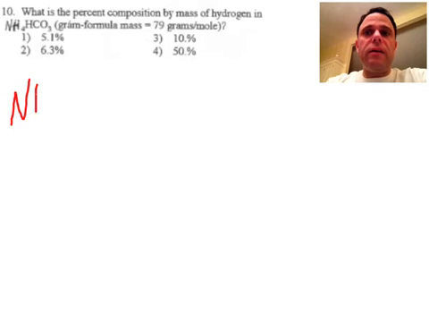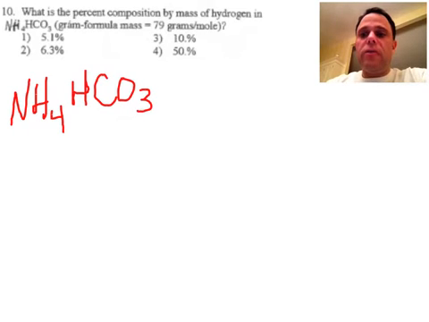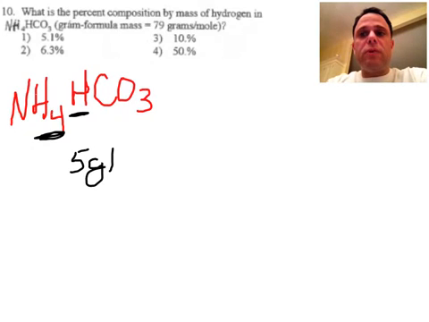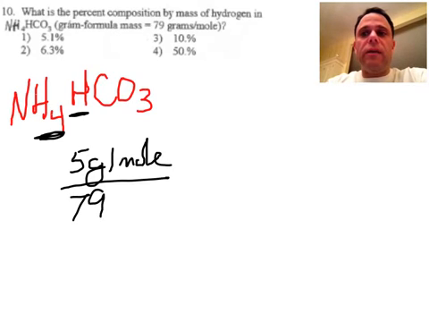Again, it's NH4HCO3. So how many hydrogens are here total? We've got 5 hydrogens. Each hydrogen carries a mass of 1, so we have 5 grams per mole from the hydrogen. The entire mass is 79 grams per mole.